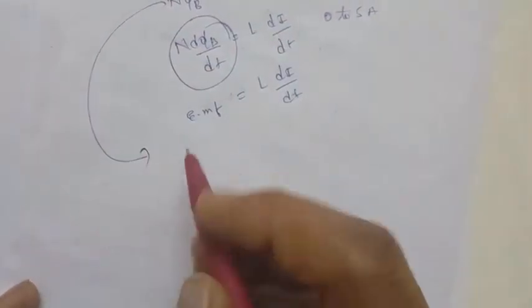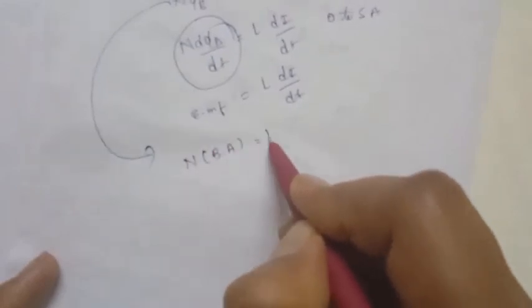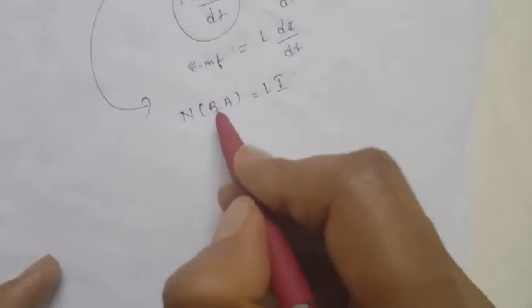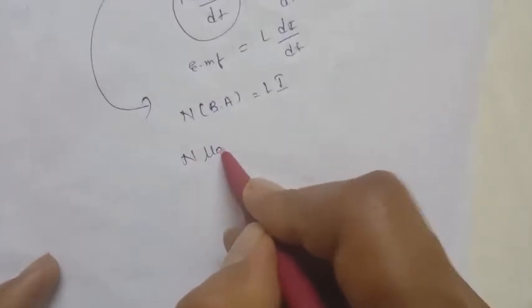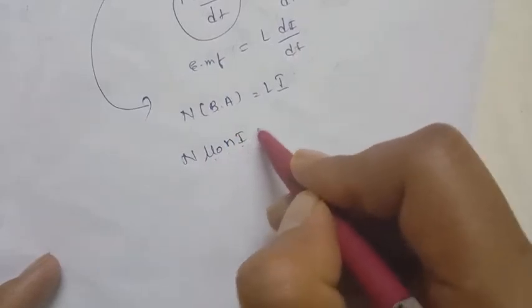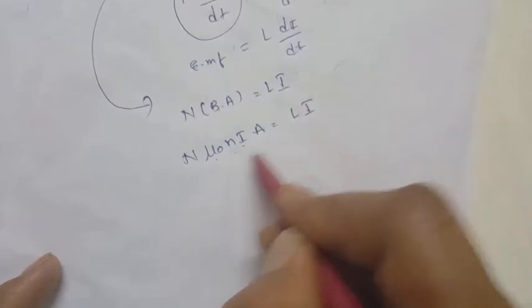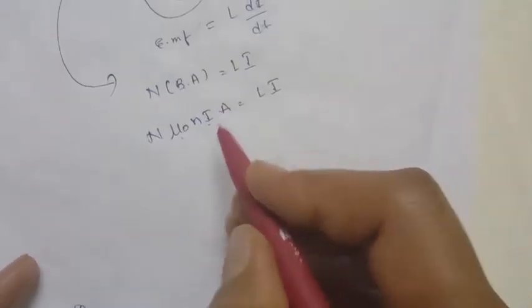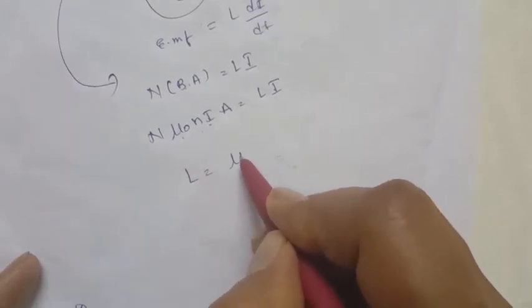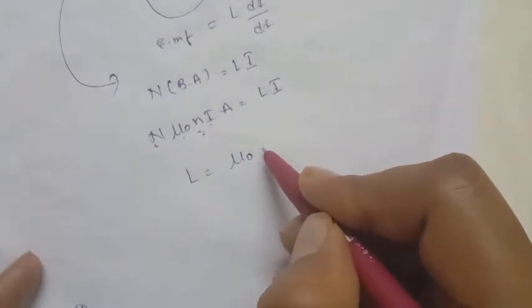This equation can be written as N into phi B, which you already know is B dot A, equals L I. So B is mu naught n I, so N into mu naught n I into A is equal to L I. So I have to compare this. L is equal to mu naught N n A, with capital N and small n.